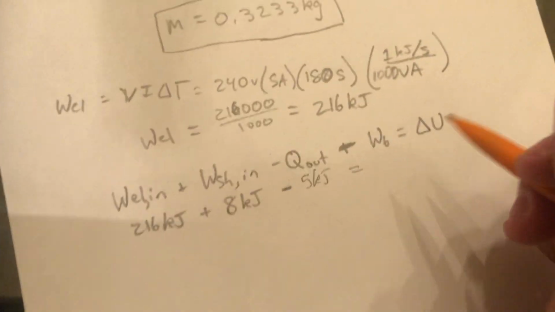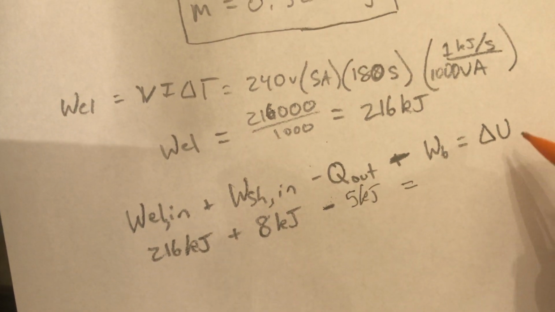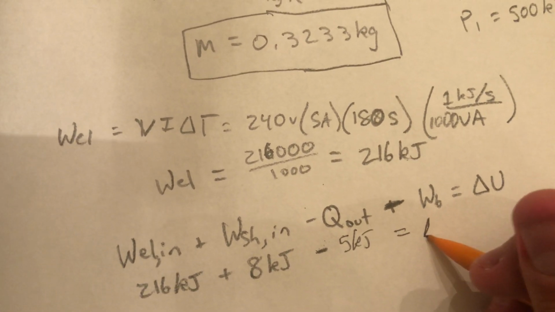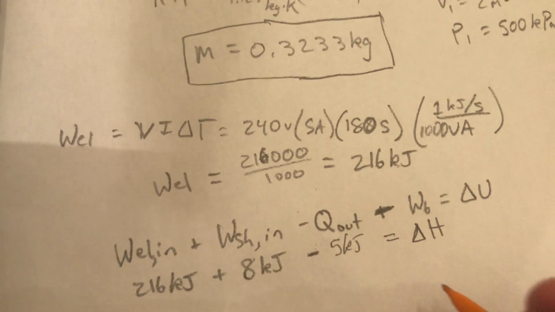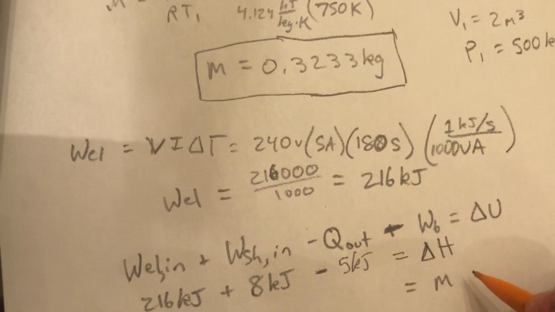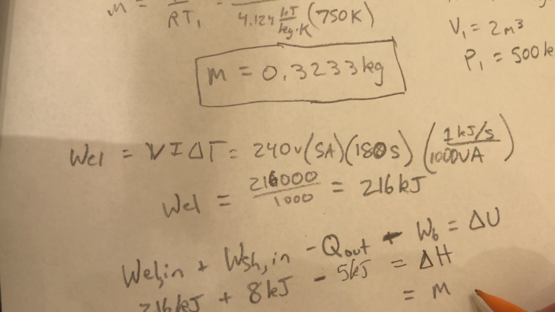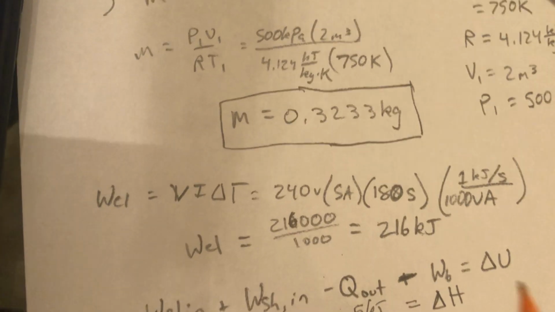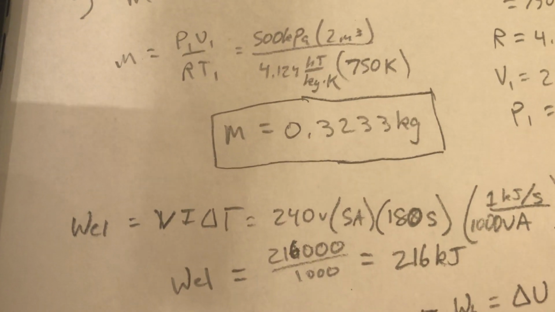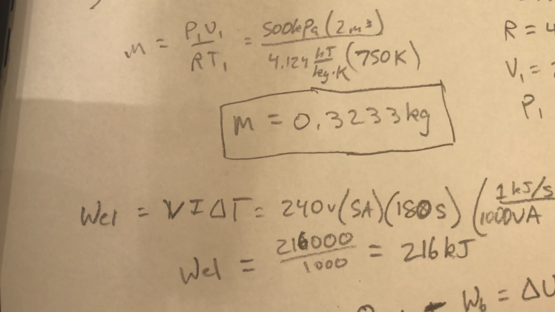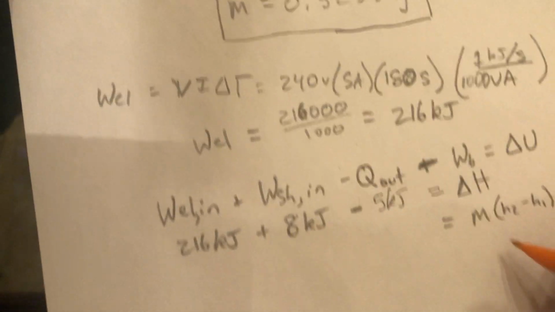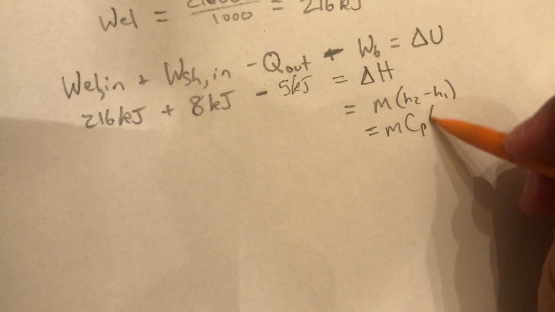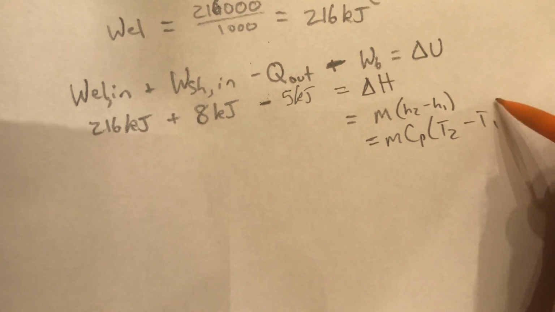And that's going to be equal, moving boundary work over here, so adding change in energy with boundary work, that's going to be change in enthalpy. And that's also going to equal mass times H2 minus H1. And that's also equal to m Cp times T2 minus T1.